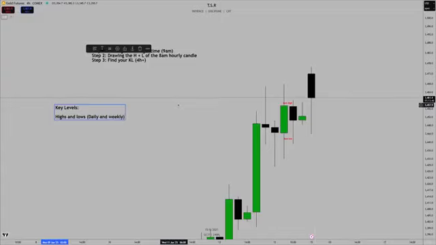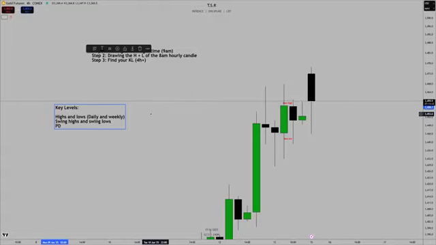All right, so daily highs and lows, weekly highs and lows are key levels. We've got swing highs and swing lows also being used as key levels. Sorry about all of these spelling mistakes. So daily highs and lows, weekly highs and lows, swing highs and swing lows.